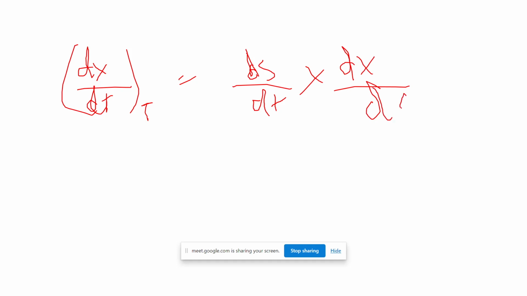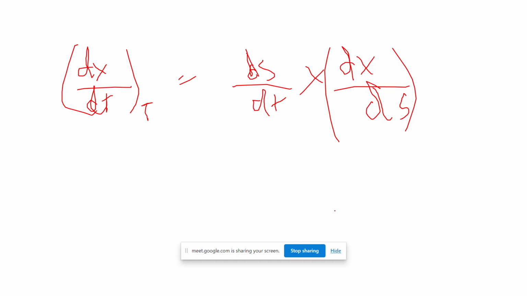dx by ds. Okay. So what is dx by ds? Can someone tell me? I have explained in the previous problem, no? What is dx by ds? Can someone tell me? Pooja?